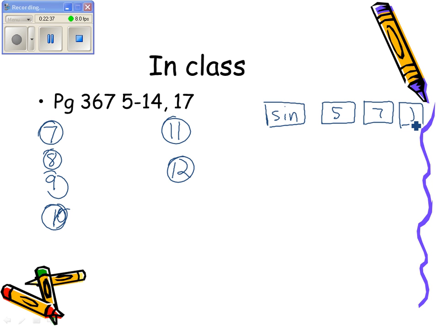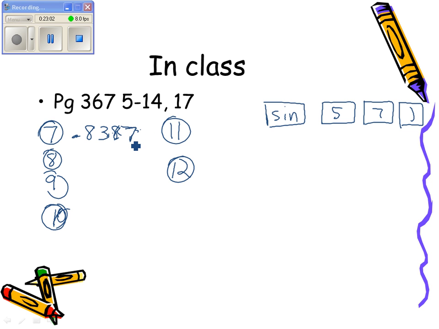You don't necessarily have to. You could also use the chart to look up the sine of 57 on the chart that I passed out in class. And you get 0.83867.